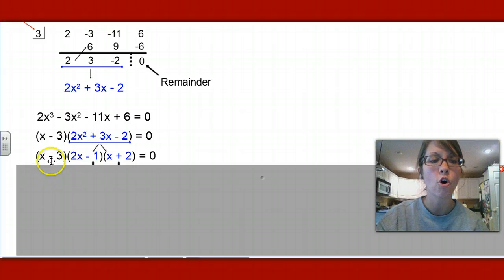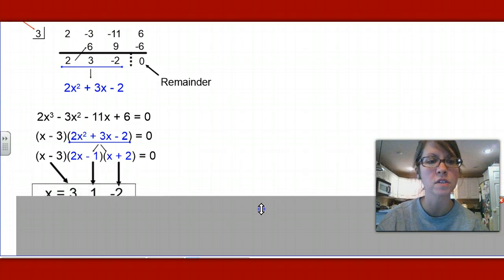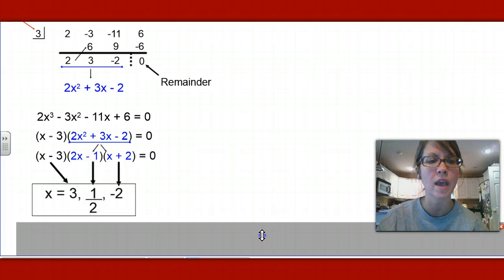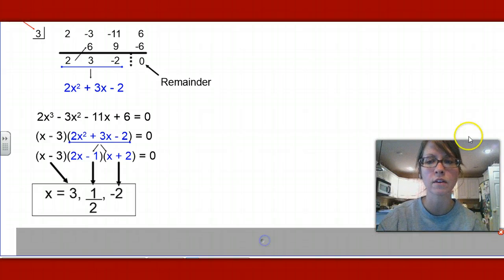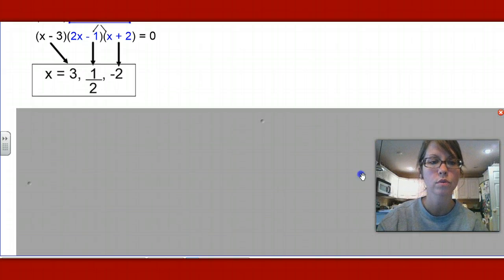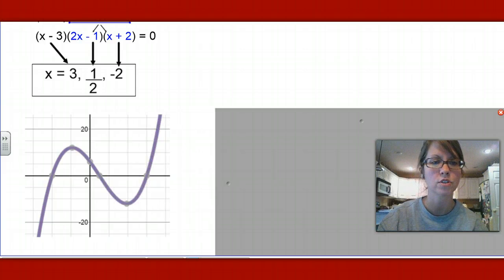Now that we have all linear factors with multiplicity of 1, to remind you of our previous lesson, we can set each factor equal to 0 and find that we have 3 solutions: x equals 3, x equals 1/2, and x equals -2. And here's the graph. x equals 3, here's 1/2, here's -2.